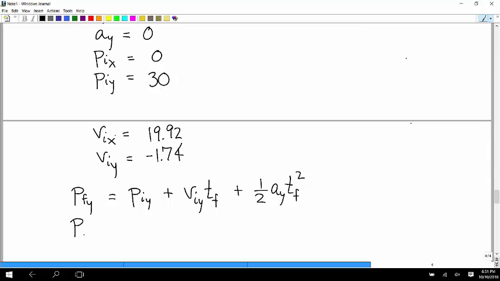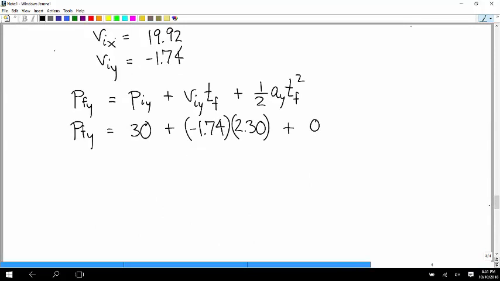So PFY is equal to 30 plus negative 1.74 times 2.30, plus AY for the helicopter is 0, so that term all goes away. And so can someone calculate PFY? 25.994? 25 point, I'll just call it 99.